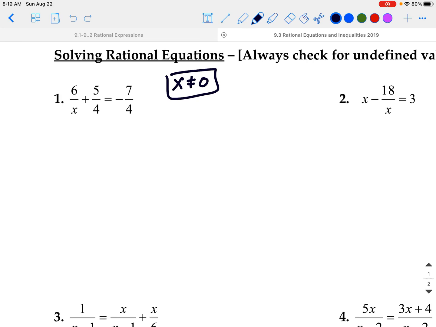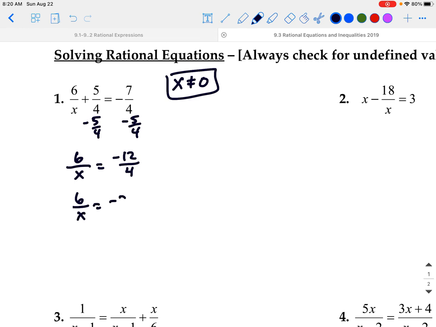So for number 1, we can see that we've got two fractions with the same denominator, so maybe we'll just subtract that over, and we'll get 6 over x is equal to negative 7/4 minus 5/4. It's going to be negative 12/4. So obviously, this is going to work out pretty nicely, but you can manipulate this proportion by cross-multiplying, or by simplifying.